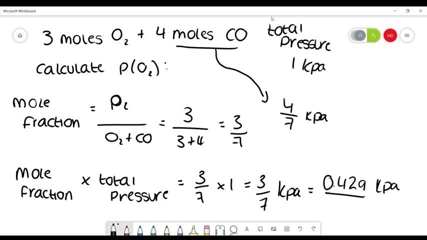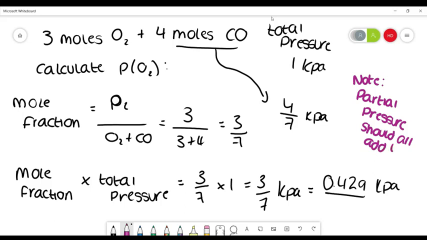So just a quick side note: partial pressures should all add up to total pressure.